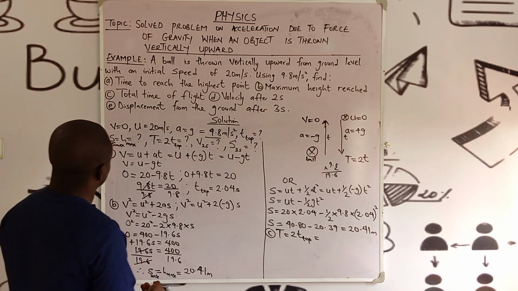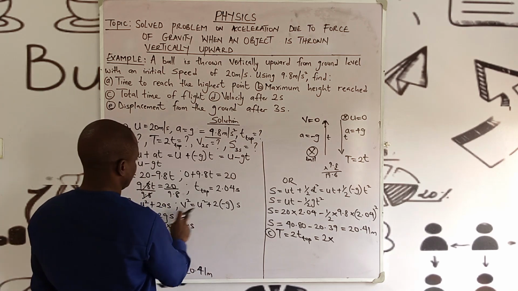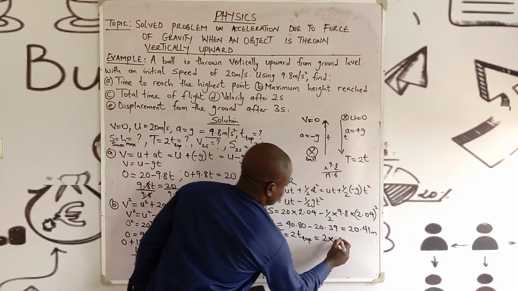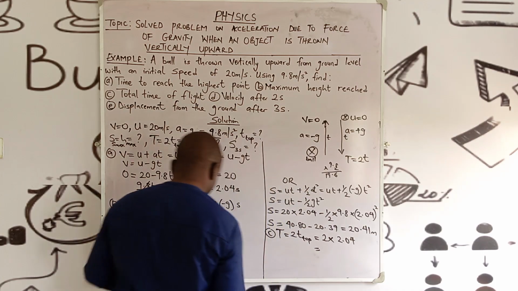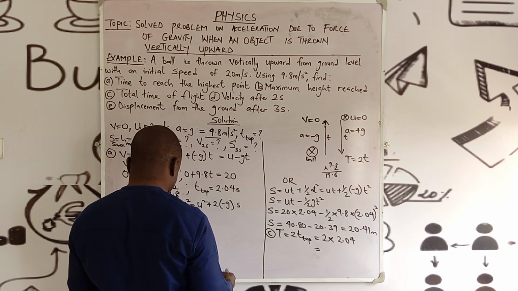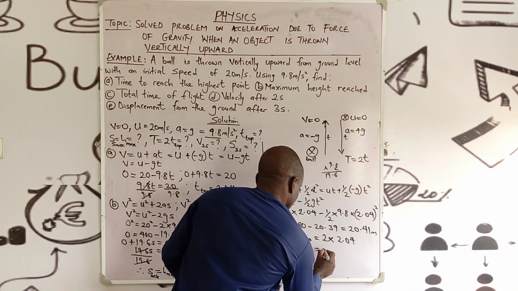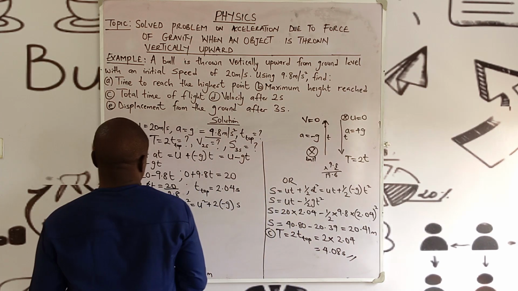Symmetrical. Okay, now we have 2 times, what's t top? 2.04, which equals 4.08 seconds.